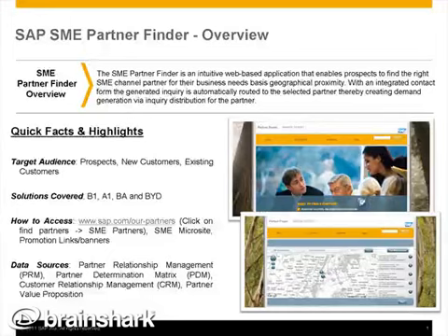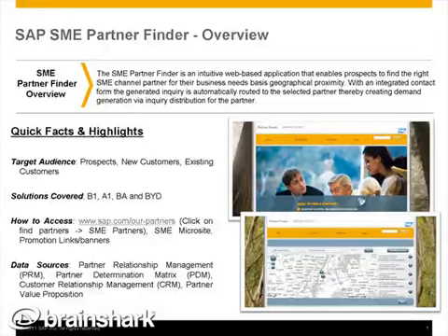In terms of how to access the SAP Partner Finder, you can find it on www.sap.com/our-partners, which is a top-level navigation on the main sap.com site. You can also access the Partner Finder on the SME microsite and other promotional areas throughout the site.